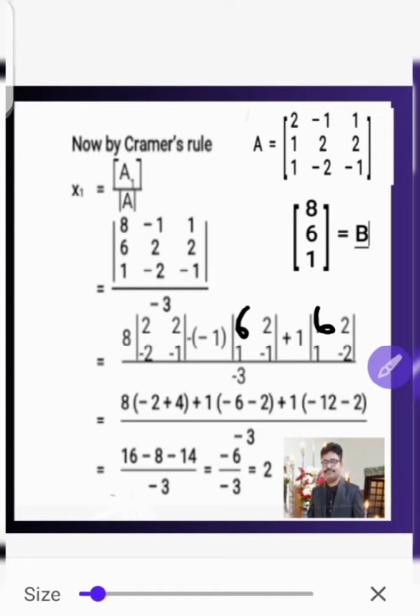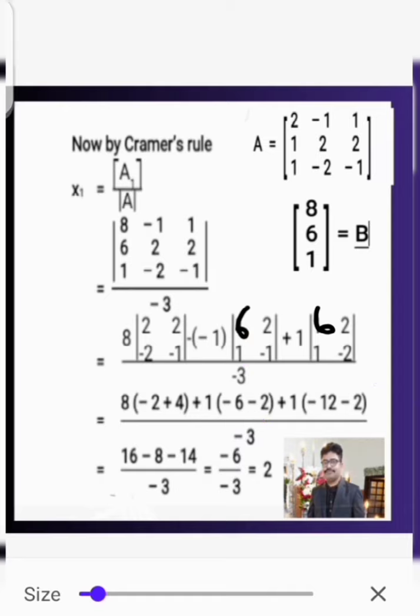Now, minus into minus, we will get positive 1. Now, if we cross multiply, there will be a negative sign between the values. If we multiply 6 with minus 1, I have written minus 6 here. 2 with 1, I have written 2, and the negative sign between the values.